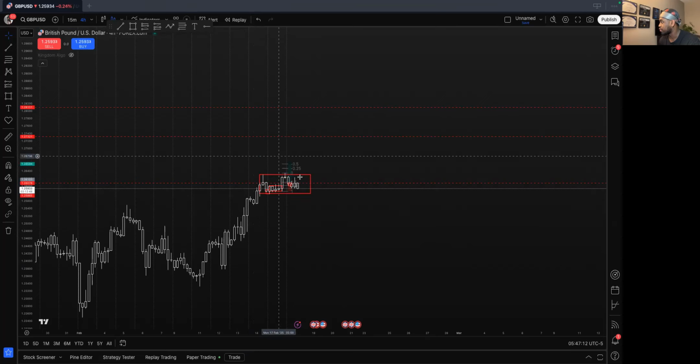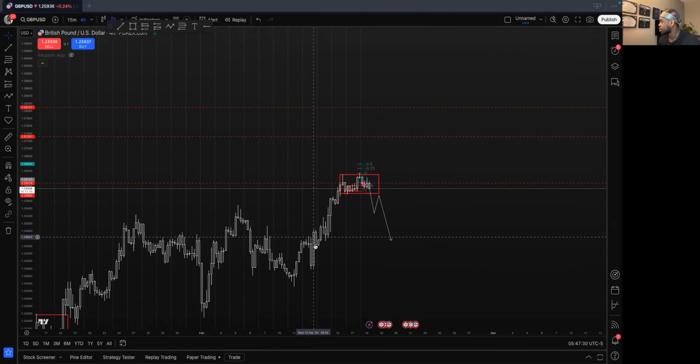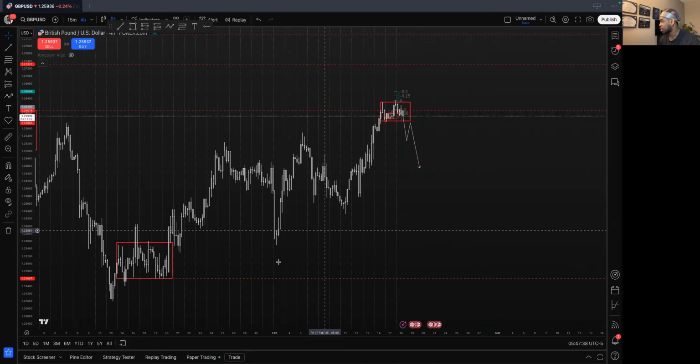So we would just be looking for a displacement or breakout, for simpler words, of this consolidation area to continue taking our trades to the top side. But from the looks of it, I think that we're going to completely reject this area, this price, and make our way down here.